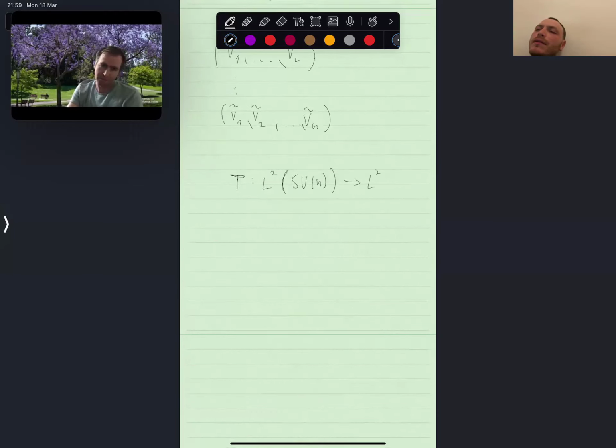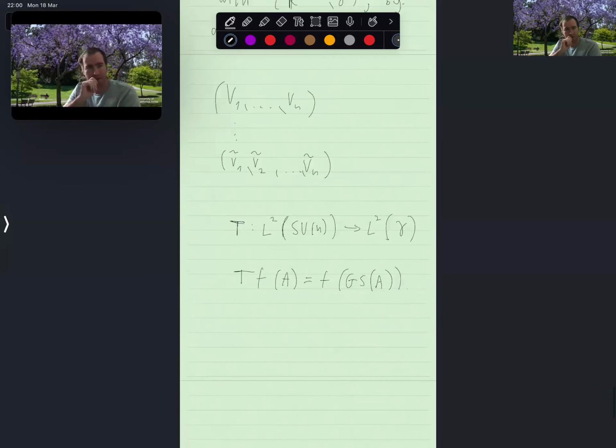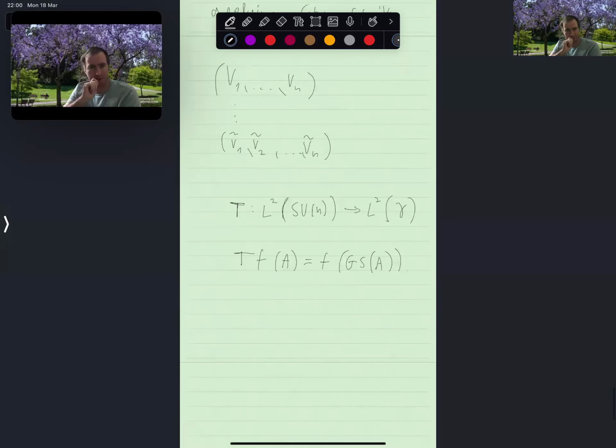Okay, so I have an operator T from L2 of SUN to L2 of Gaussian space, by setting Tf of A to be f of Gram-Schmidt of A. So you have A from SUN, or just some arbitrary matrix?